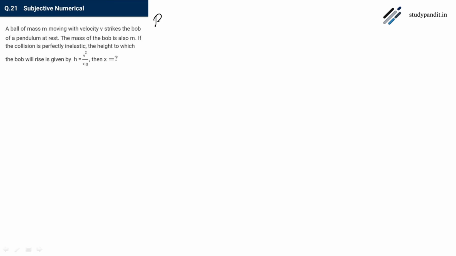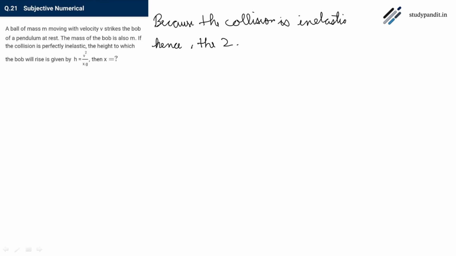So because the collision is perfectly inelastic, hence the two blocks will stick together.